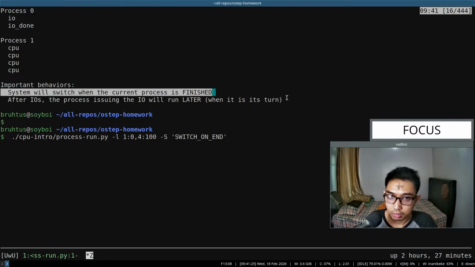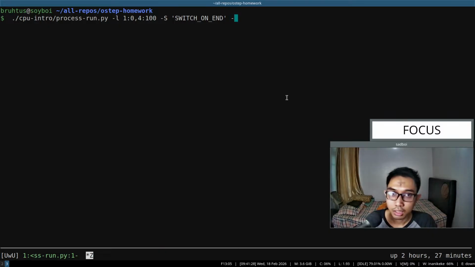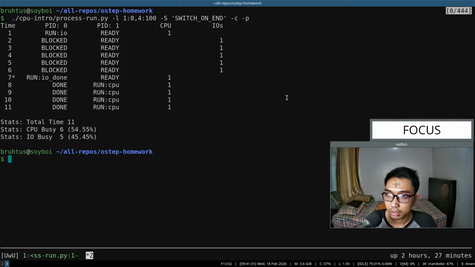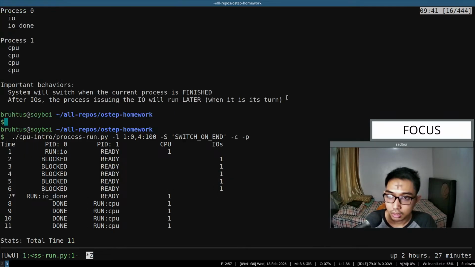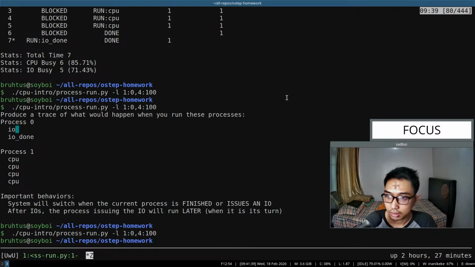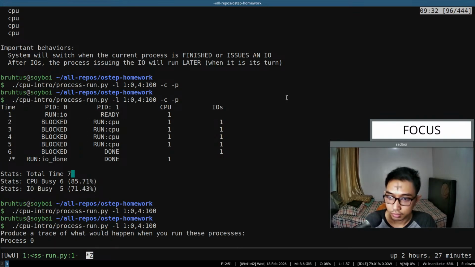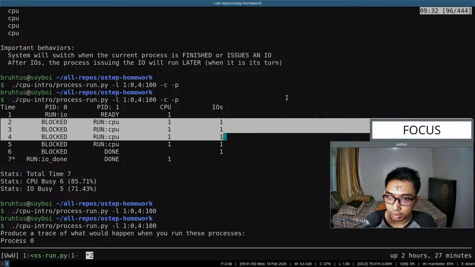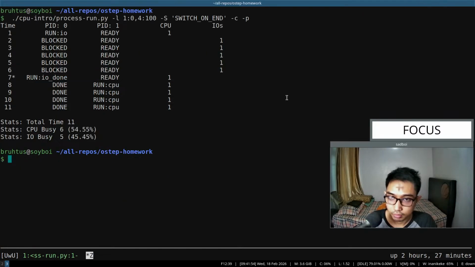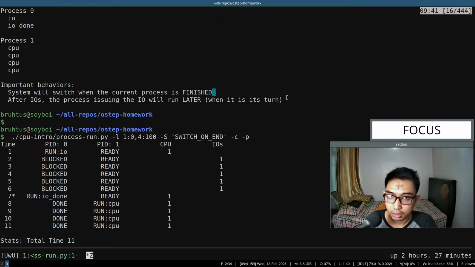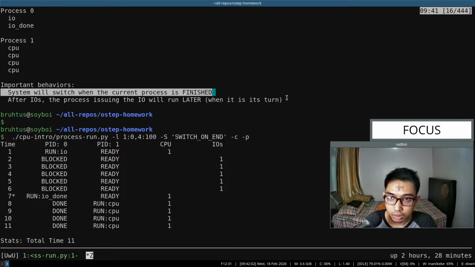This one, right? When the current process is finished. Now let's try running this. Right, it becomes 11 again rather than 7, like this one, because rather than switching to another process, we are waiting until the input-output process finishes, or maybe until any process finishes. The system will switch when the current process is finished.